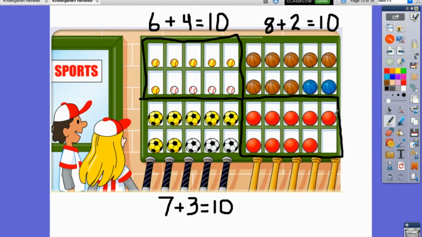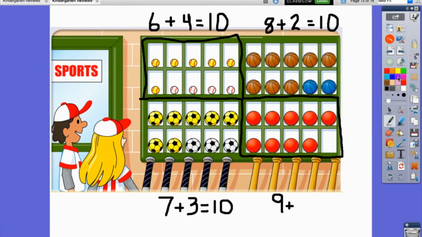5 on the top, and 4 on the bottom. To count those, we could start with the number 5, because we know that the top row is filled in, and we could count on 6, 7, 8, 9. So right now, we only have 9 of those red balls. How many more balls would I need to draw to make the number 10? How many boxes were empty?